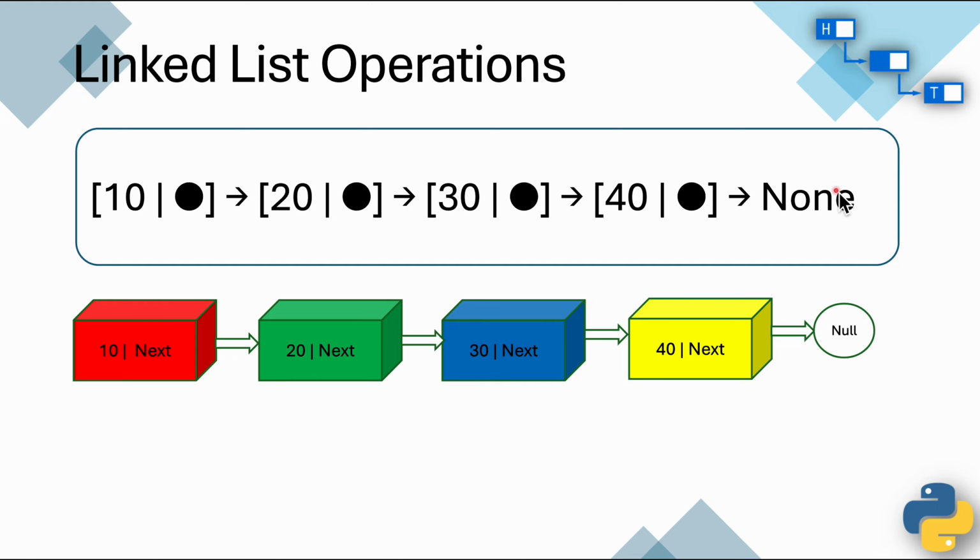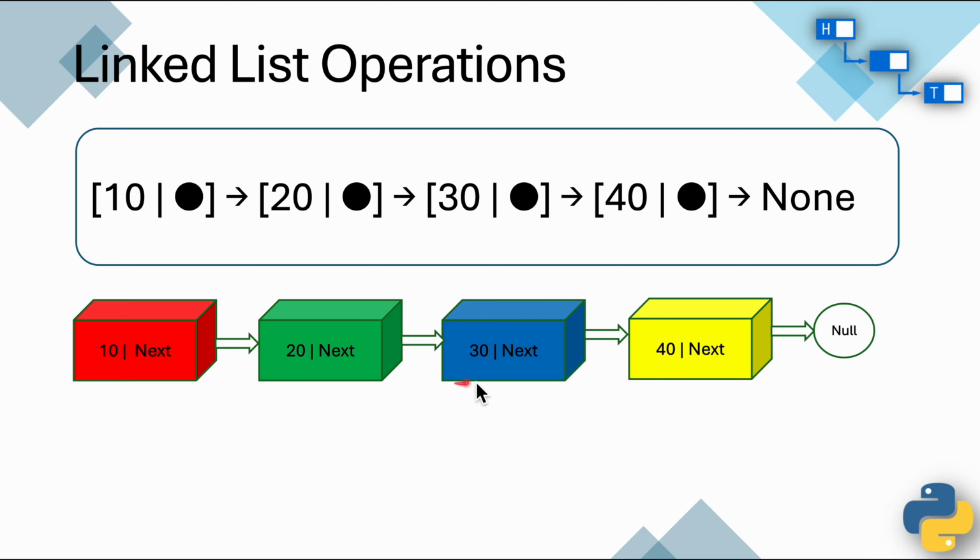So to make it easier to understand, I am going to make each node a colored node. The first node I am calling the red node. Red node has 10 as its data part, and the second part is the next node address. So the red node's data part is 10, and the second part, the next node address, is the green node. The green node's data part is 20, and its address part, the next node address, is the blue node.